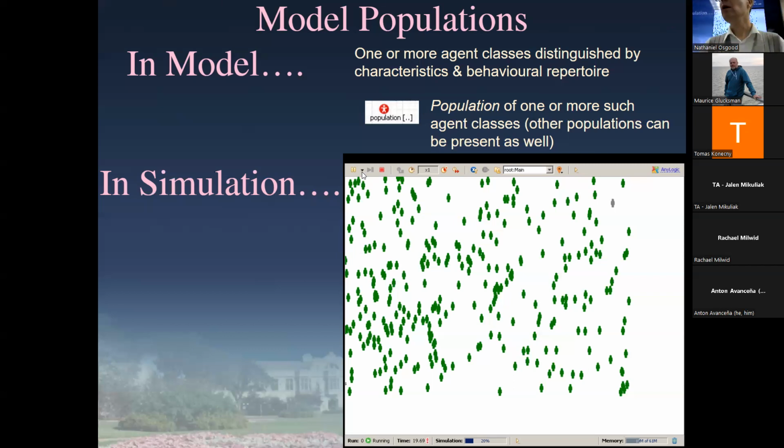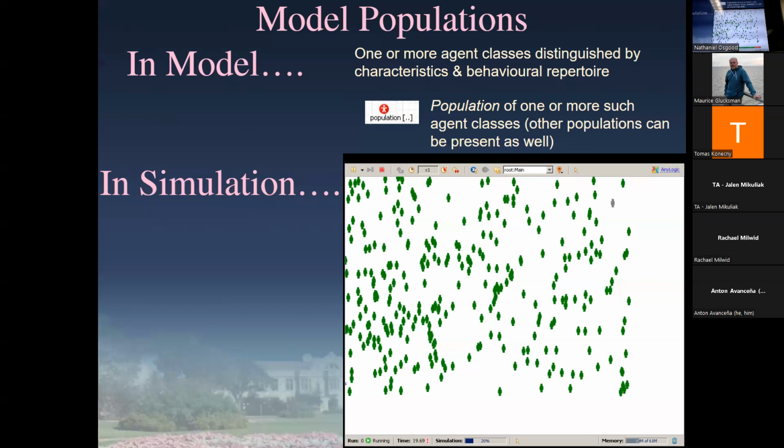Okay. And in general, in our model, we might have one agent type, say people, or it might be multiple agent types. Maybe we have people and service dogs designed to provide support for the veterans with PTSD who are represented in the population. Or maybe the other agent is a physician, for example.